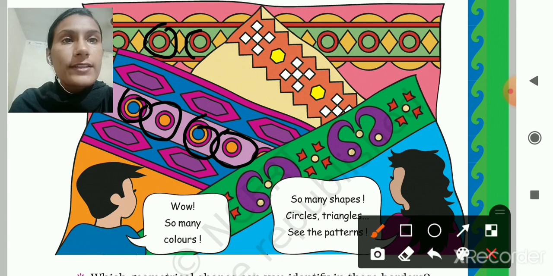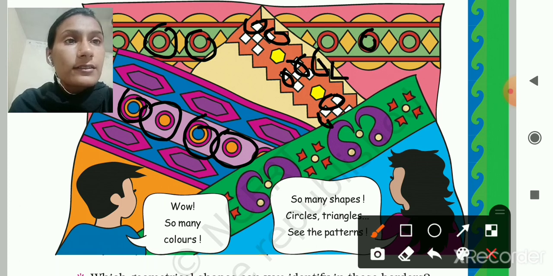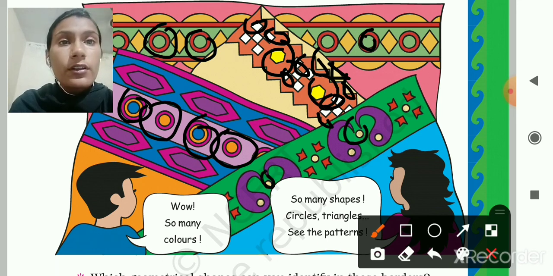Here also you can see. Then this small square. So you can see these squares. Then these triangles. Then this hexagon. So these shapes you can draw in your notebook.